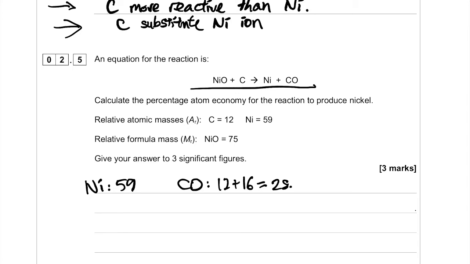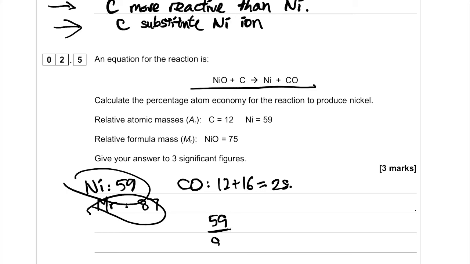So everything on the right is 87. In order to find the atom economy, you want to find the amount of nickel yielded over the Mr of all the products, which is 59 divided by 87.